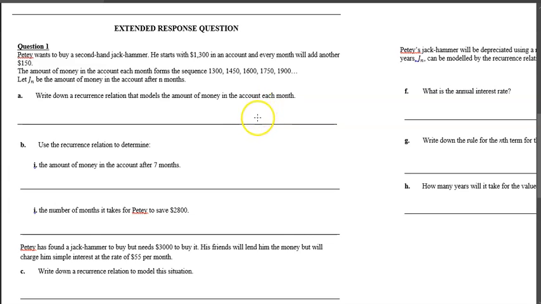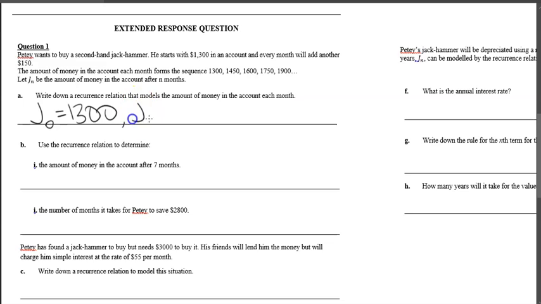Let J of N be the amount of money in the account after N months. We're going to write down a recurrence relation that models the amount of money in the account each month. Whenever we start a recurrence relation, we always start with J of 0 and whatever this initial amount is, 1,300.